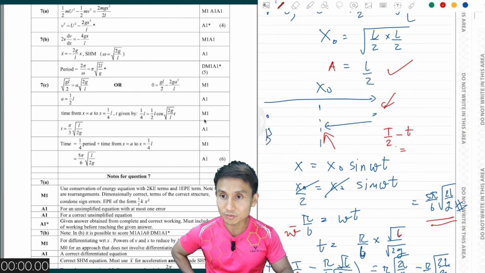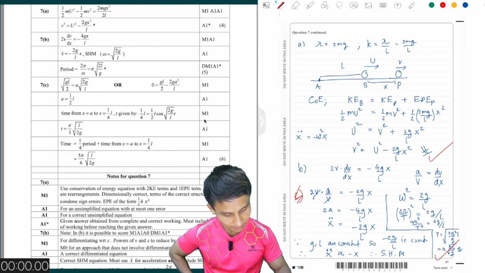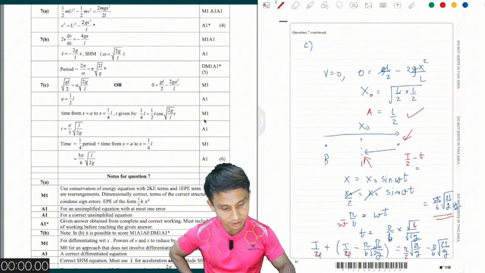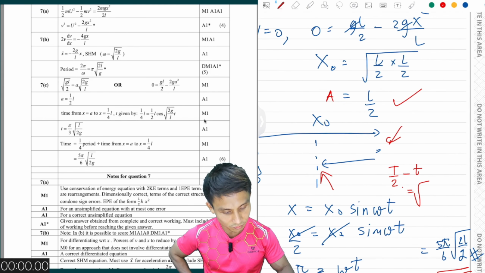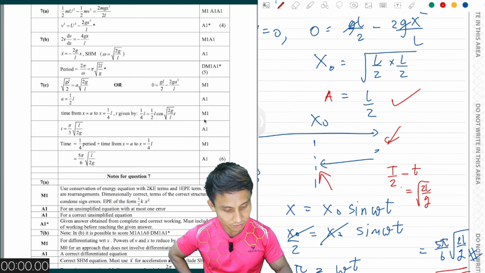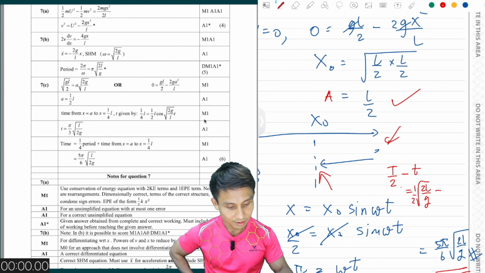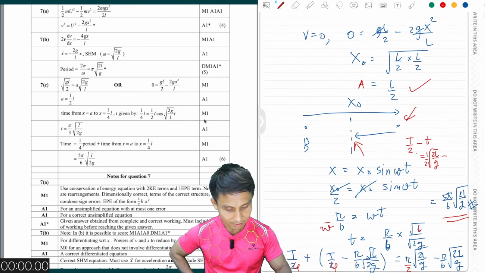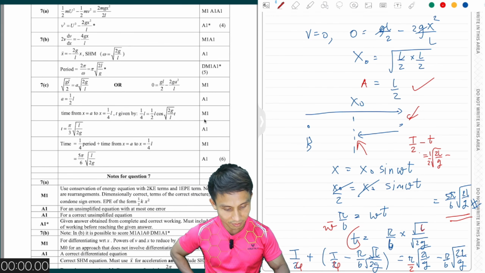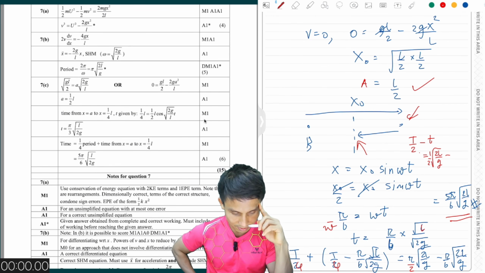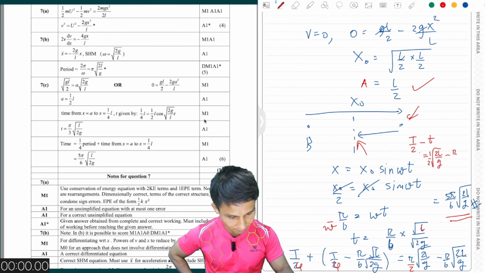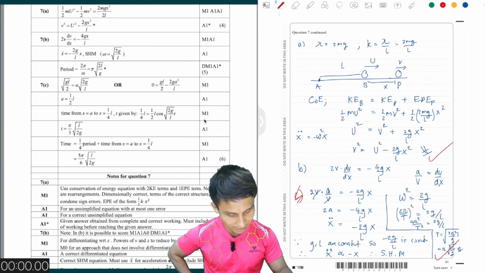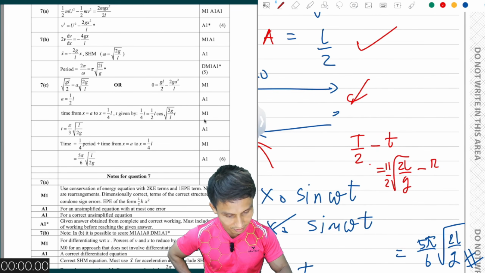Half a period. So the period was root 2L over G, right? So root 2L over G and divide by 2. So that's 1 over 2 there. And then minus the little time, this guy right here. And that is minus pi over, wait, hang on. Period has also pi here, sorry.